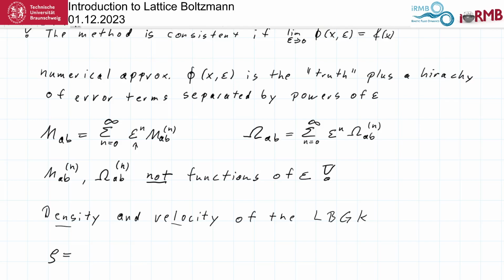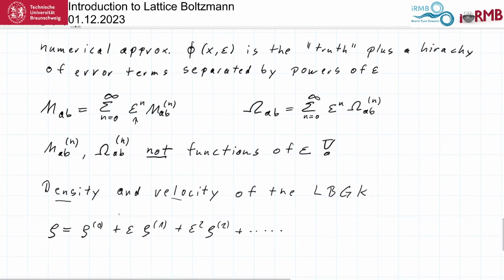And the density rho, it must be possible to write this as a density rho to the 0 order plus epsilon, rho to the first order plus epsilon square, rho to the second order, and so on forever. The same thing with the velocity u. Velocity u comes to 0 order plus epsilon u to first order plus epsilon square u to second order plus ... Okay.